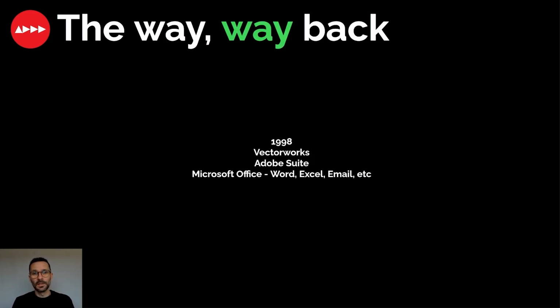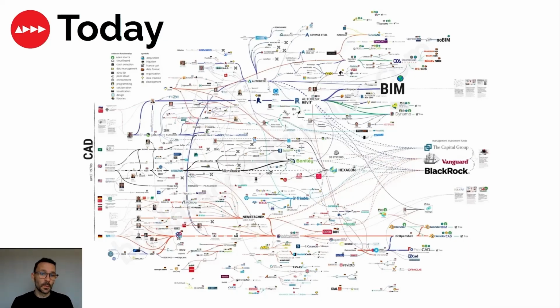So this is what the industry used to look like when I started 25 years ago. We had very few software tools out there that were needed to do the job, and these are just a highlight. There were 3 key areas: a CAD package, a presentation package, and then desktop publishing, and that was pretty much what we had and what was required. So it was fairly simple. Fast forward to today, and we've got a much more complex picture out there.